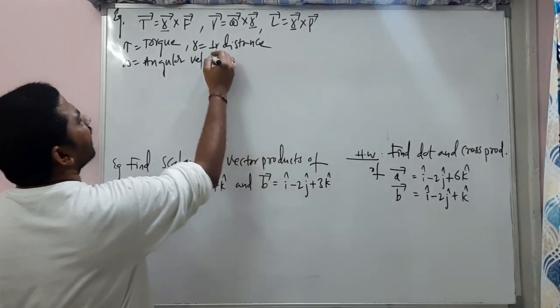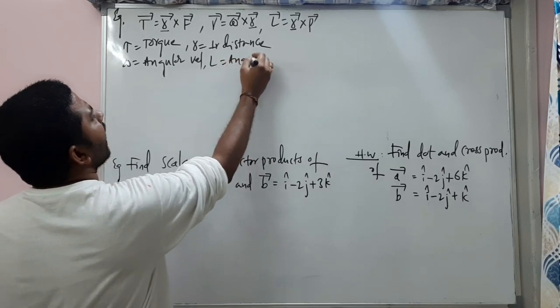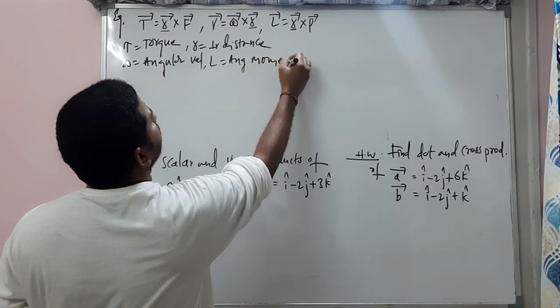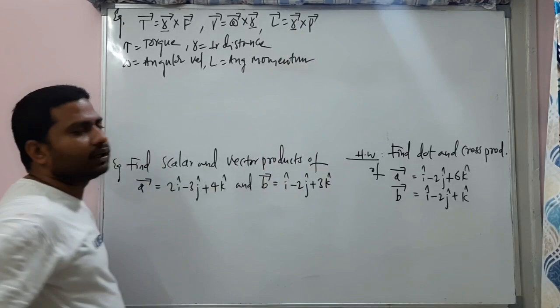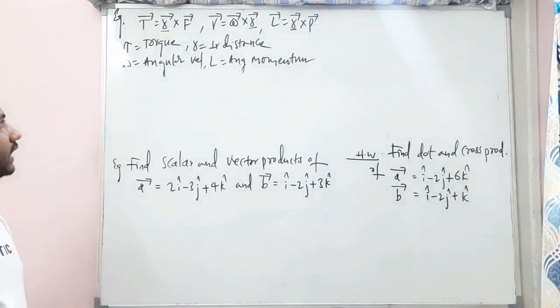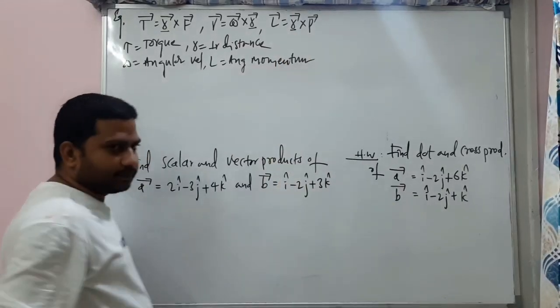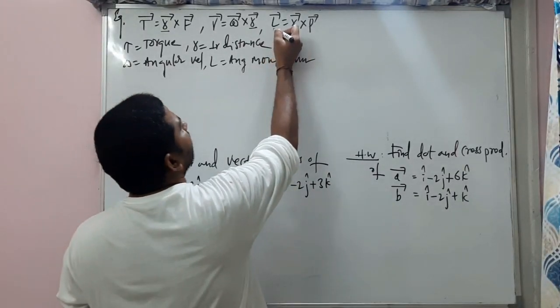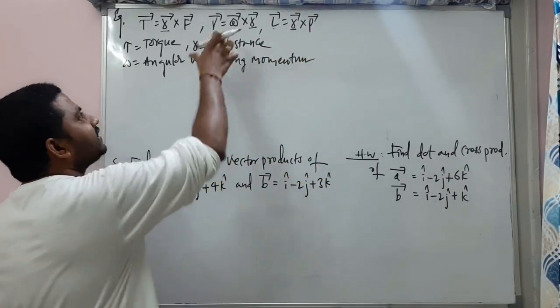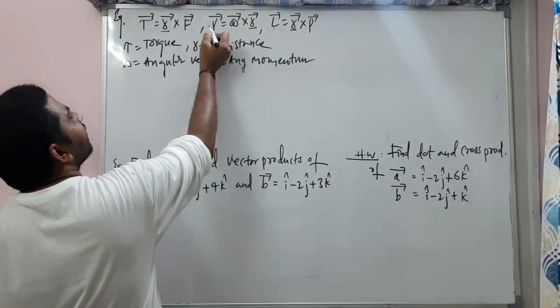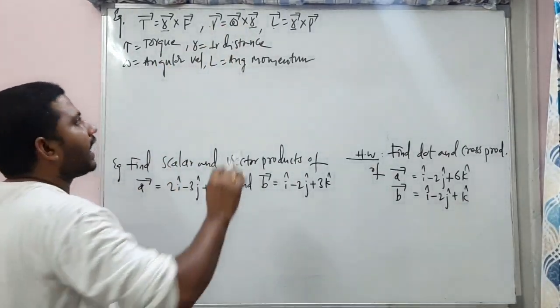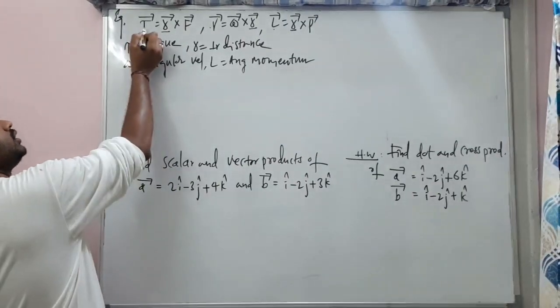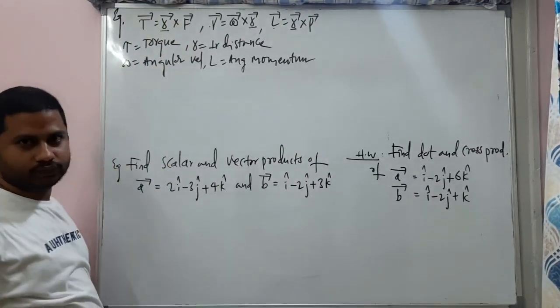And this L is the angular momentum. So what is that L? Angular momentum. Okay. Clear now? So this p is the linear momentum. So that is the relation between angular momentum and linear momentum. This is the relation between linear velocity and angular velocity. And this is the relation between torque and force.